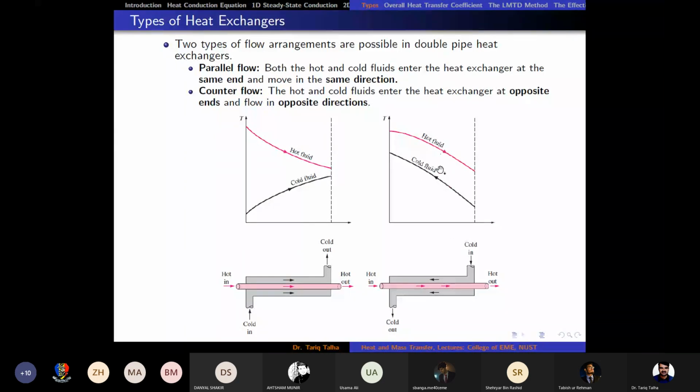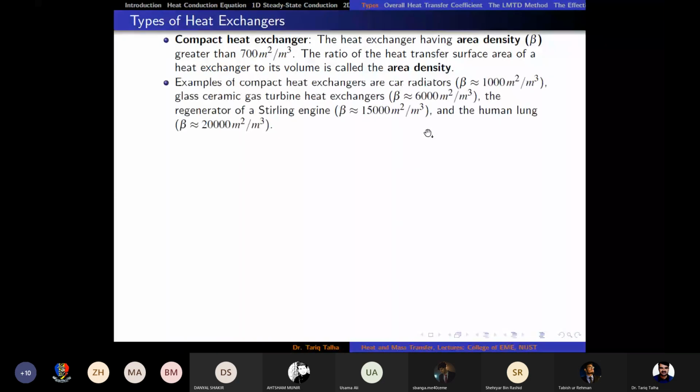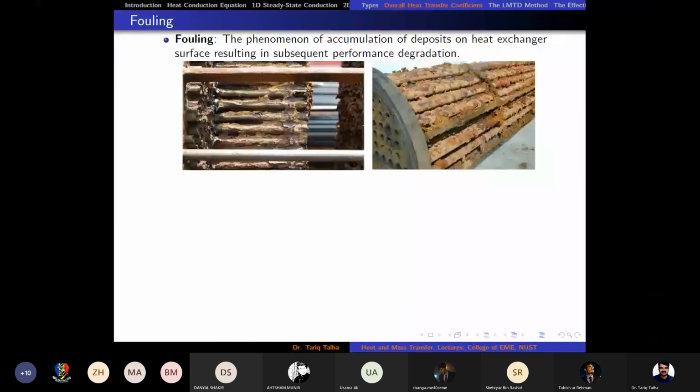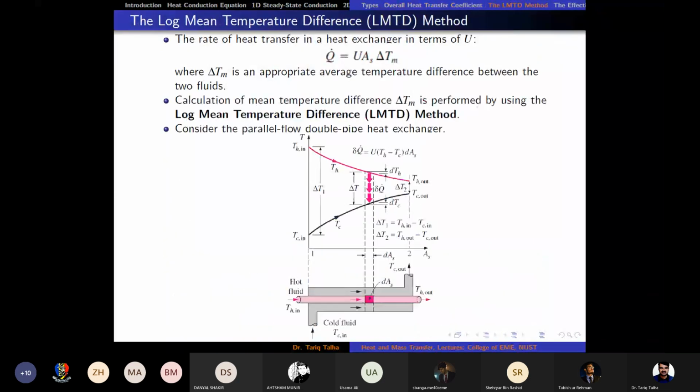But for the counterflow heat exchanger, this difference in temperature remains nearly constant. So when we talk about big heat exchangers, with very long pipes, counterflow would always give us more heat transfer. So in practical devices, usually we have counterflow heat exchangers installed.